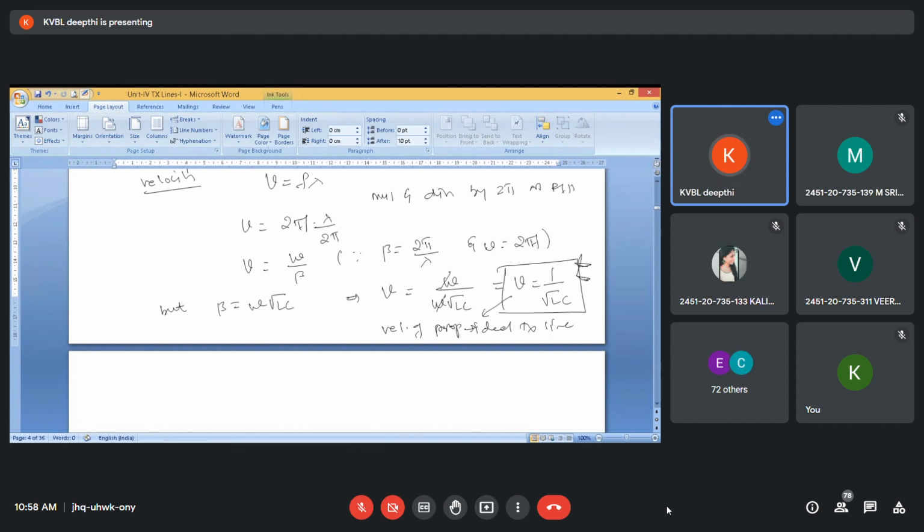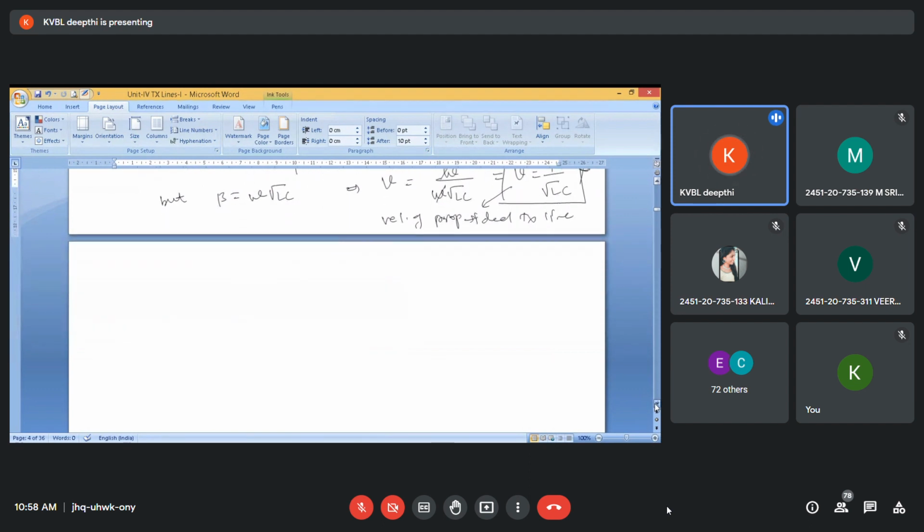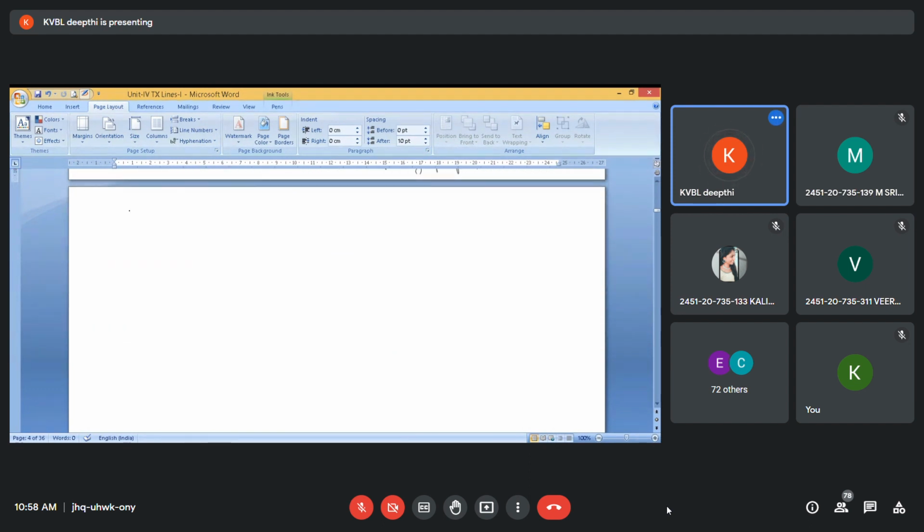It's an important problem. When you already know what is the velocity, is it possible to find out the wavelength here? How do we define wavelength? The distance traveled by a wave along the line while the phase angle is changing through 2 pi radians. I'm writing the definition, don't worry.